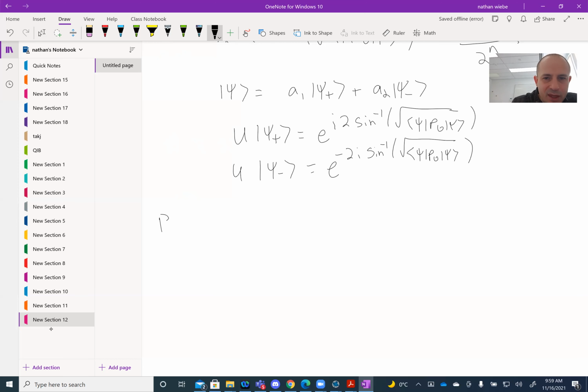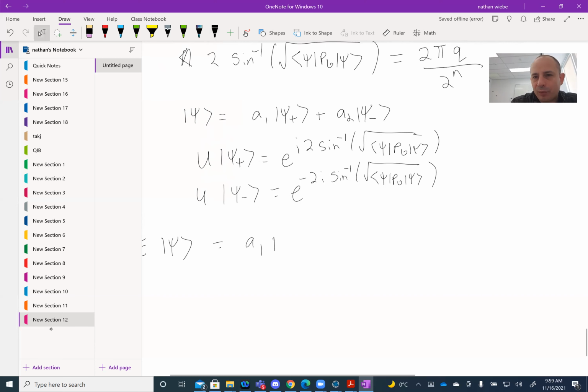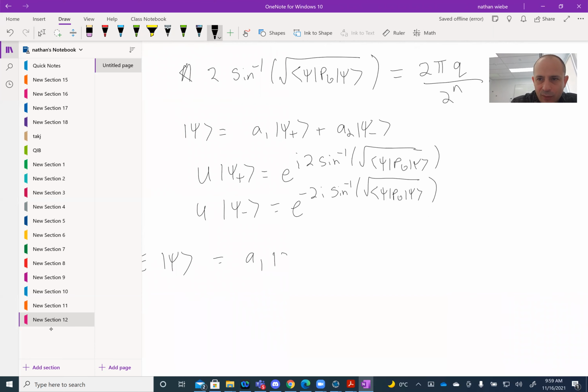So PE acting on psi will give us one of two results. The positive branch will give us A1, a value of 2 pi q over 2 to the n, and psi plus with it.